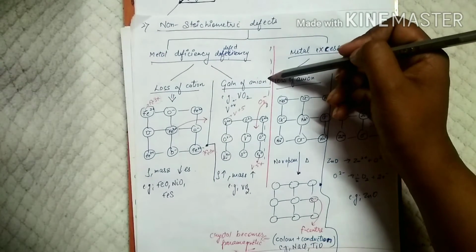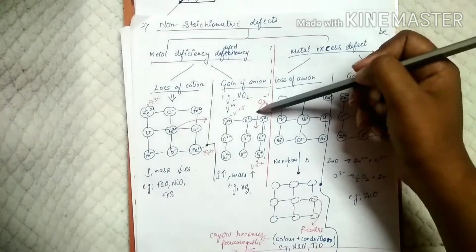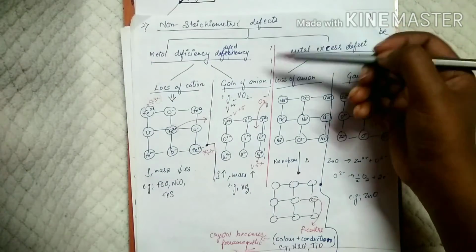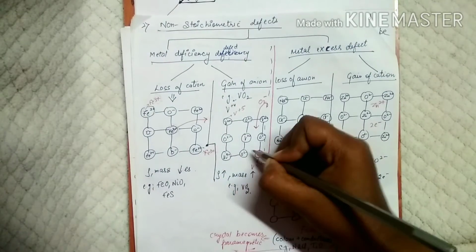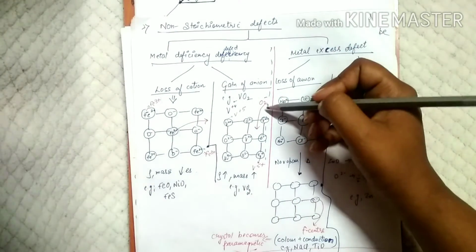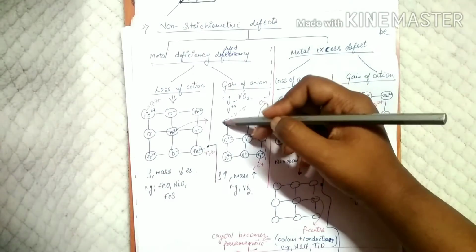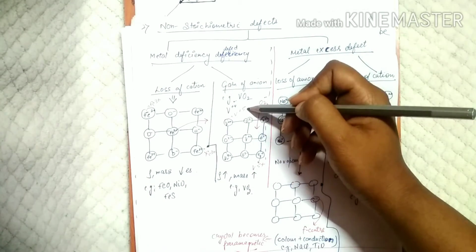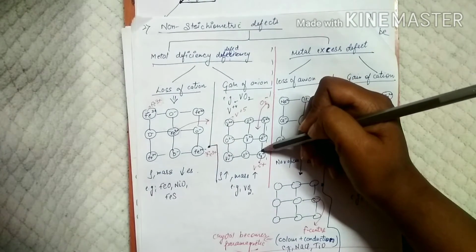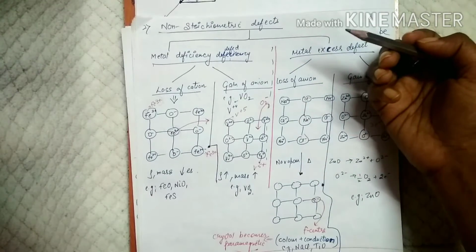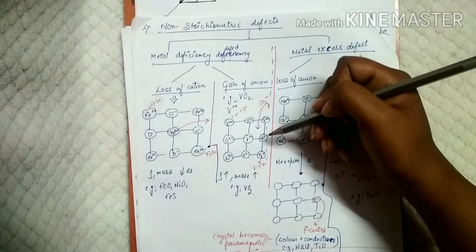Next is the case of gain of anion. Suppose this is your crystal lattice of VO2. In this case, one anion occupies the interstitial site. One anion is coming. Again, to maintain the electrical neutrality, some of the cations have to increase their oxidation state so that electrical neutrality is maintained in the overall crystal lattice.